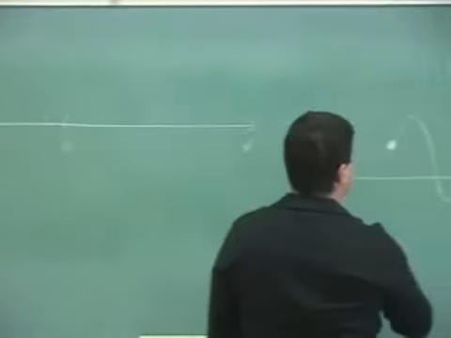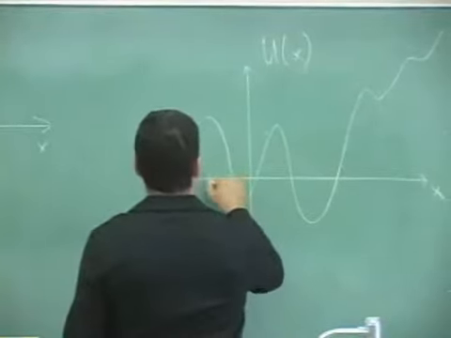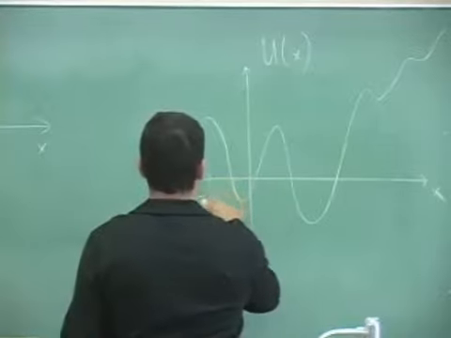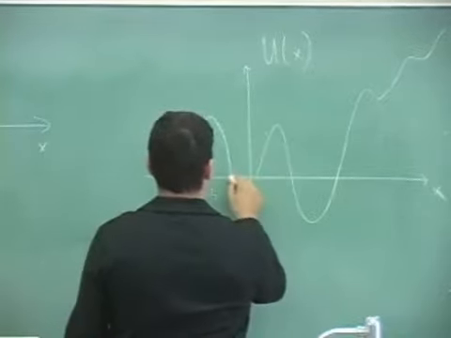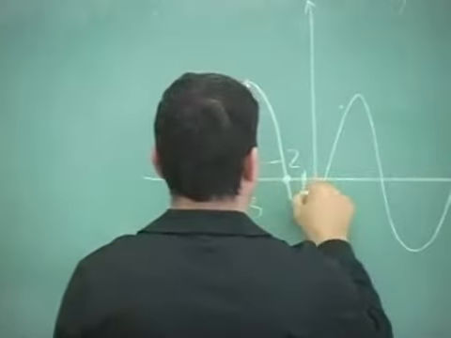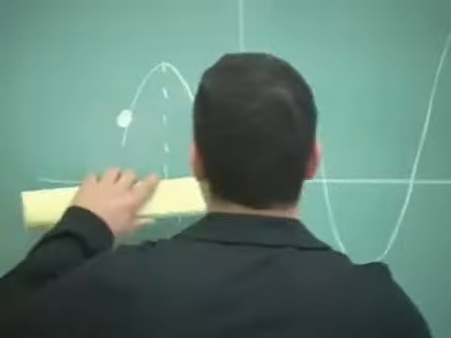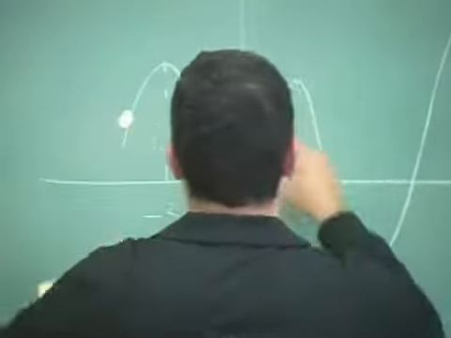Let's say, for example, I'm just going to make some arbitrary points. Let's say this point right here is -3. This point is -2. This point is -1.